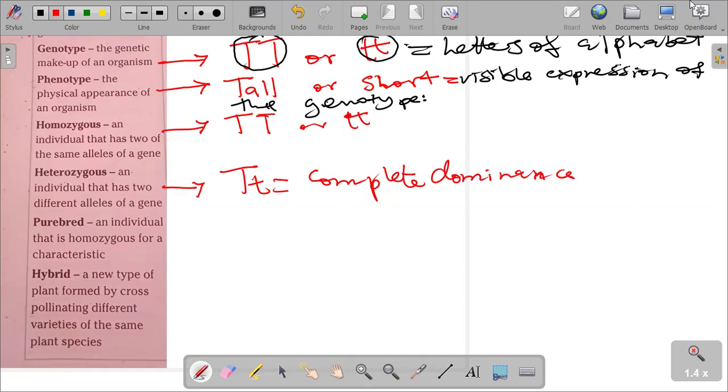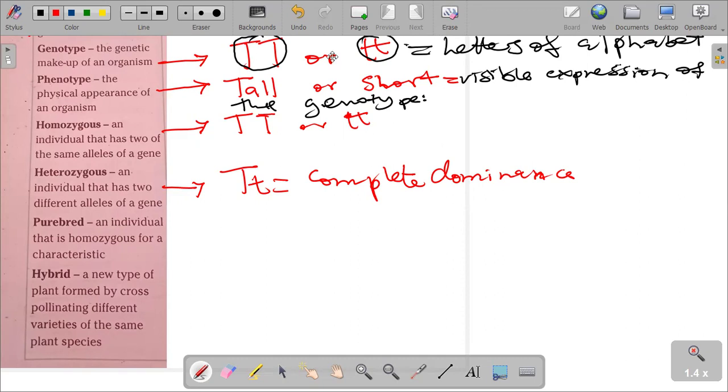So complete dominance, if you can see there, what we are saying is that the dominant allele will define the outward appearance. It will define the physical appearance of an individual. The dominant allele will determine the phenotype of the individual.